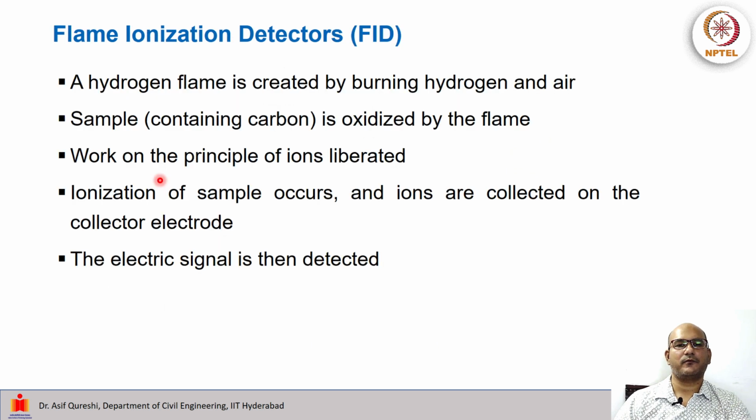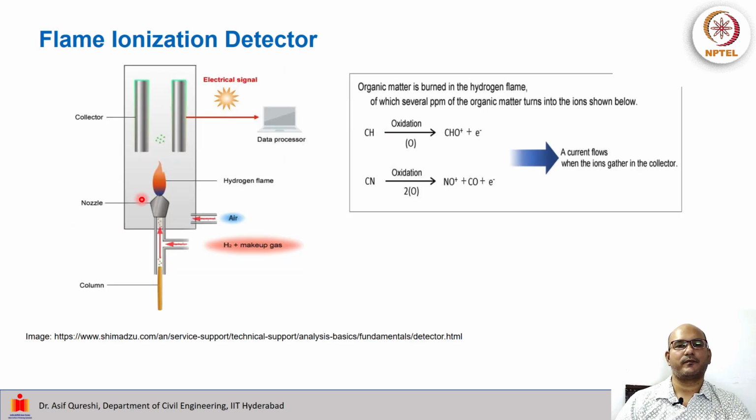Once the sample goes in this flame, it is oxidized and ionized. Then these ions are collected on these collector plates, converted to an electric signal, and then go to data processing.